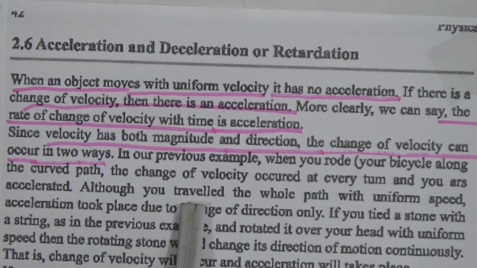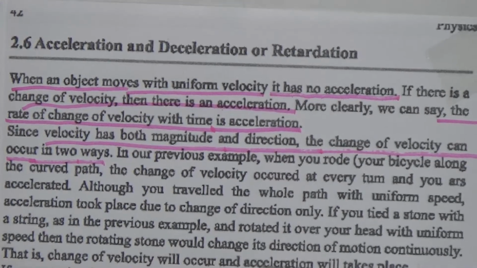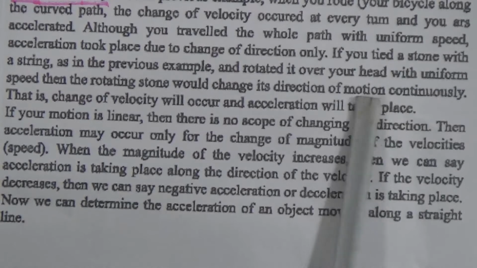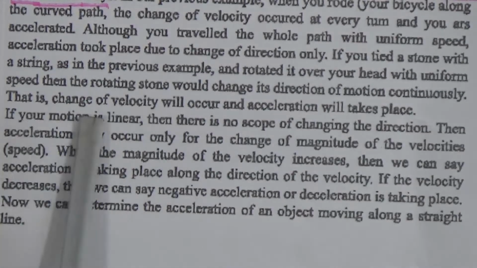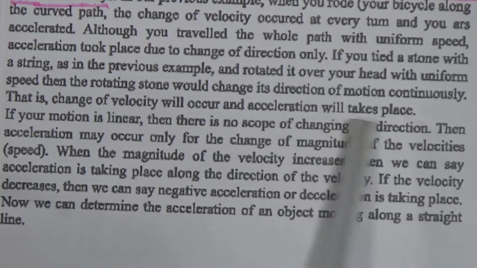Though you traveled the whole path with uniform speed, acceleration took place due to the change of direction only. And if you tied a stone with a string and rotated it over your head with uniform speed, the rotating stone would change its direction of motion continuously. That is, a change of velocity will occur and acceleration will take place.